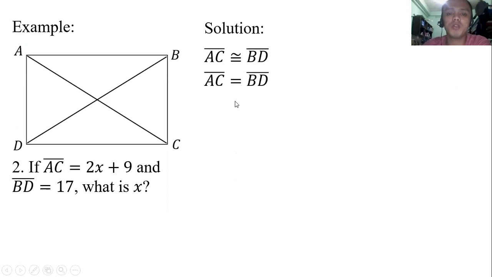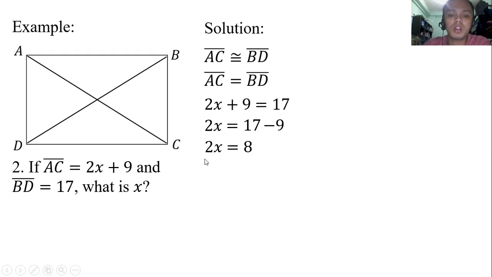Now, we substitute, transposing 9 to the other side. We have 2x equal to 17 minus 9, which is 8. Then divide both sides by 2. Your x is equal to 8 divided by 2, which is 4.